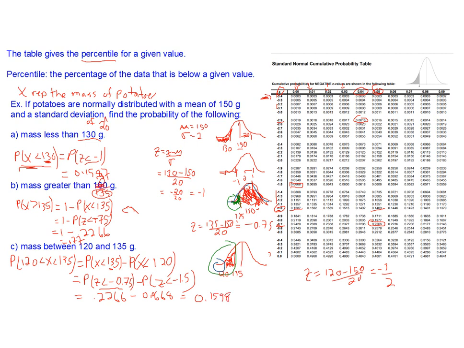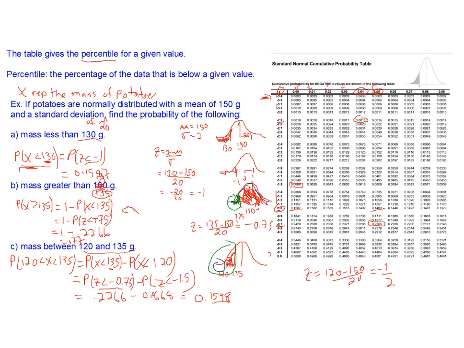So again, the probability that a potato chosen at random is between 125 and 135 grams is about 16% here. So that's how we can use this table and this idea of a z-score to find probabilities. So the idea is that we change our normal distribution to a standard normal distribution, and then we can look up values in the table.